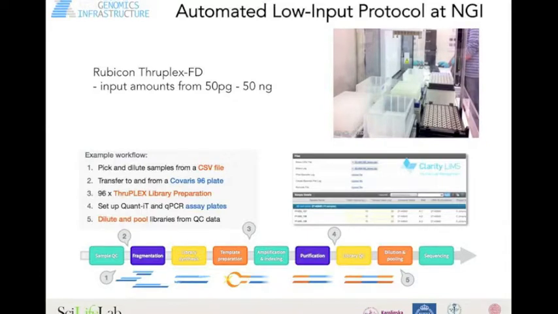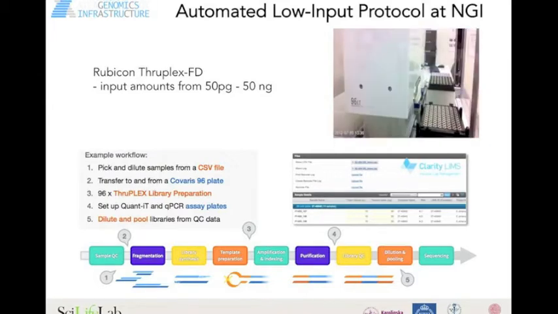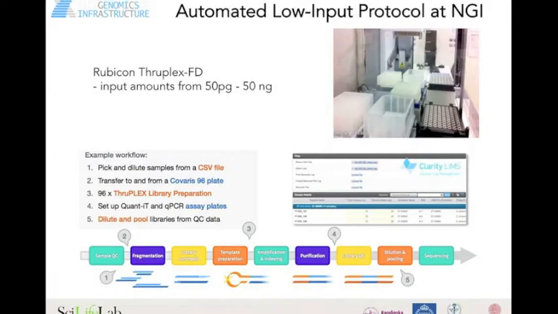We do most of our preparations automatically in order to achieve high throughput, so we can't afford very complicated tinkering with single samples. We need to have stable, robust workflows where we can pipe samples through, which is especially challenging when we're talking about these samples. But this is where we started off.